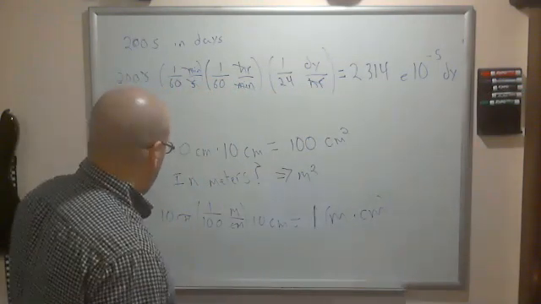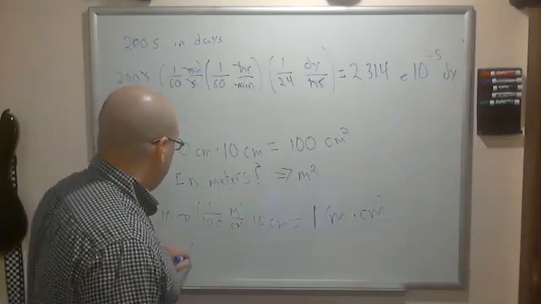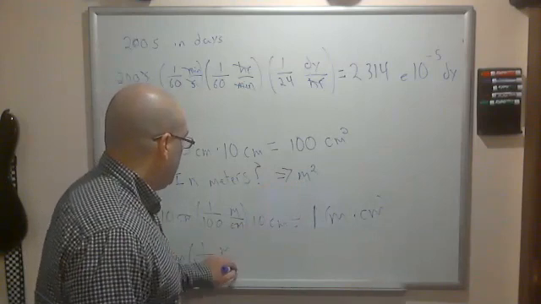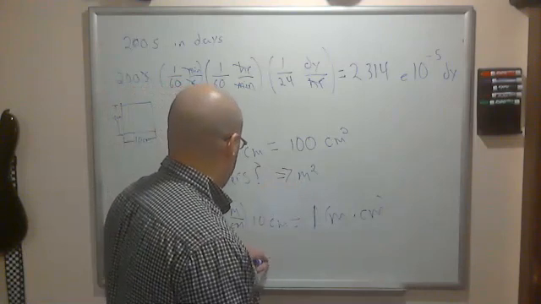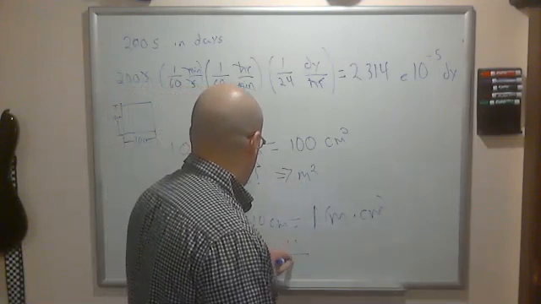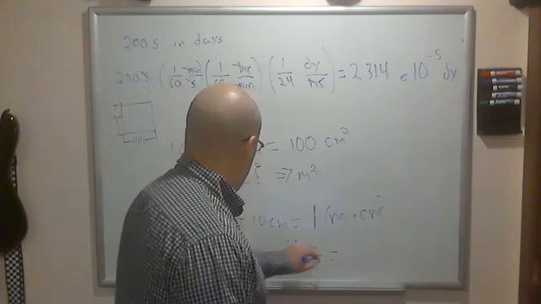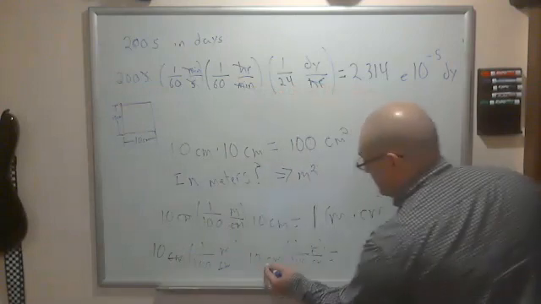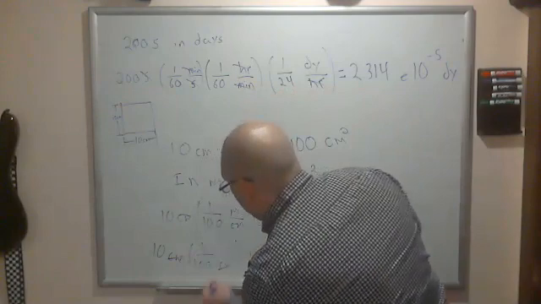But if we want to convert it fully to meters squared, we do the 2 conversion factors, right? This times 10 centimeters, right? And then obviously the centimeters cancel out with each, oh, I wrote it backwards. No, I didn't write it backwards, that's right.